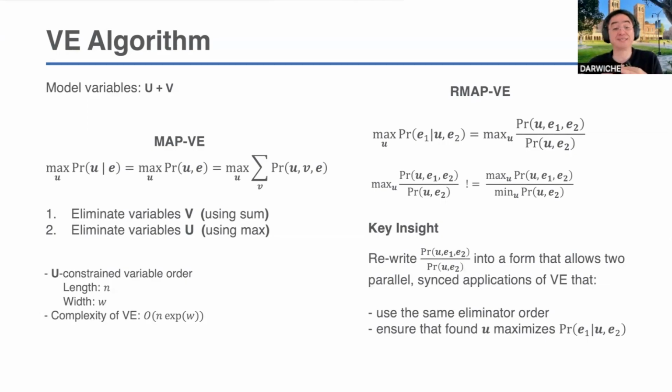The pseudocode is straightforward in the sense that if you look at the pseudocode for the classical variable elimination algorithm, it's very similar. In fact, it has the same complexity. So if you are able to use an elimination order with a certain width to solve this problem with this complexity, we can use that same elimination order to solve this variant, except that we'll be running two parallel versions that are coordinated in some subtle way.